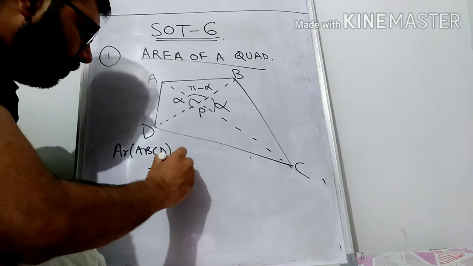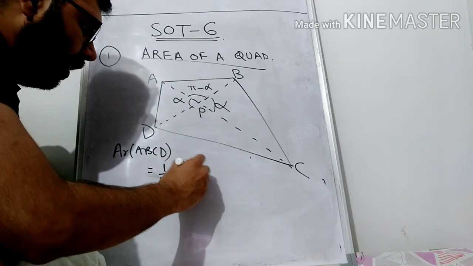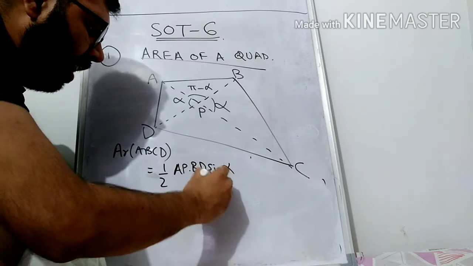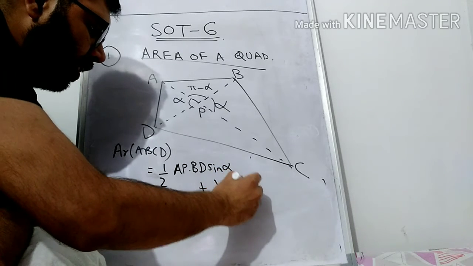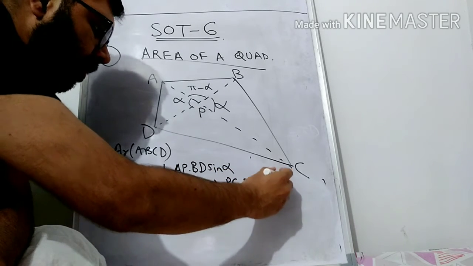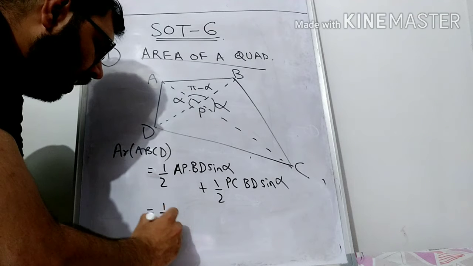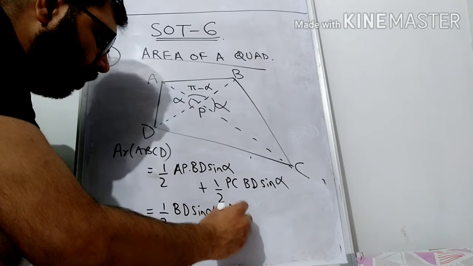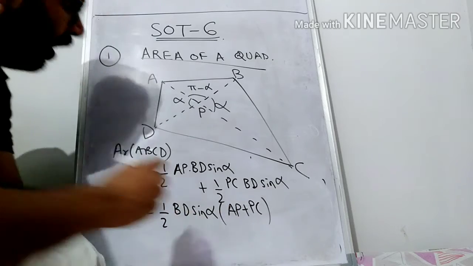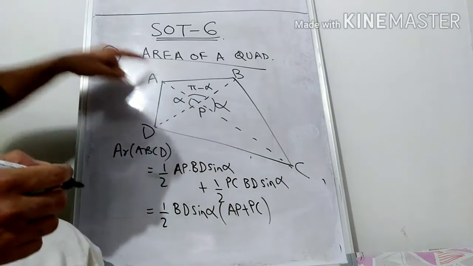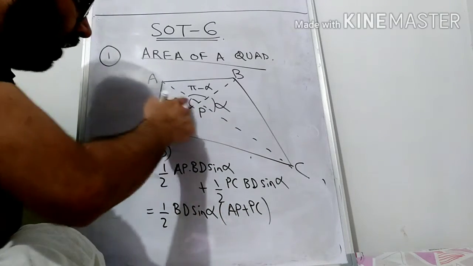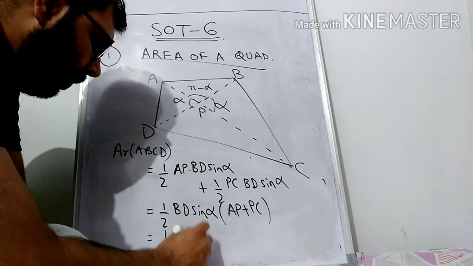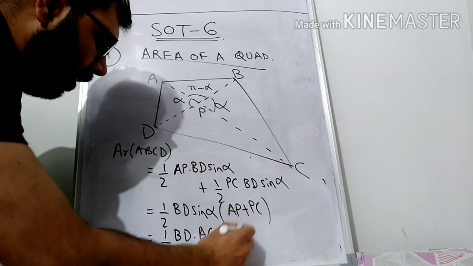So half AP into BD into sine of alpha, plus half PC into BD into sine of alpha. You take half BD into sine of alpha common, and in brackets you have AP plus PC. If you add AP and PC, you get the complete diagonal AC. So half BD into AC into sine of alpha.